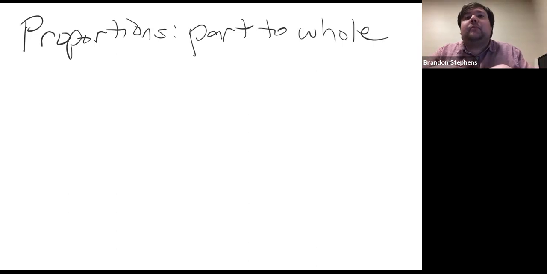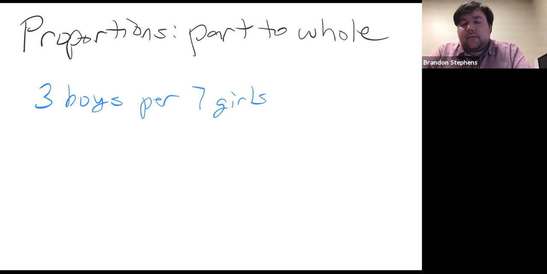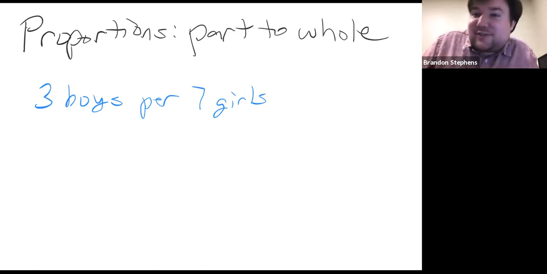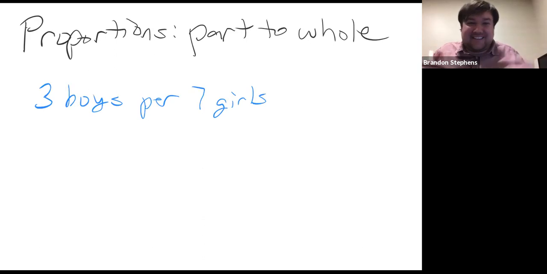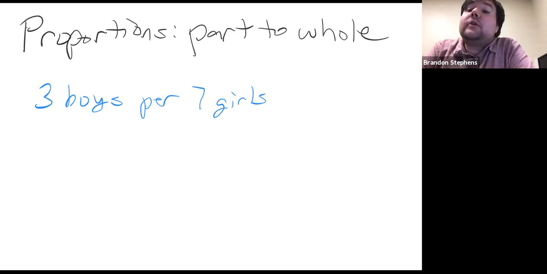In that previous example, we had 3 boys for 7 girls. If we wanted to talk about the proportion of boys in the class, or even the concentration of boys in the class, we want to talk about the boys as compared to the class as a whole.